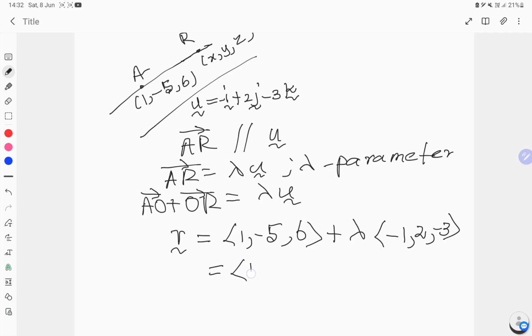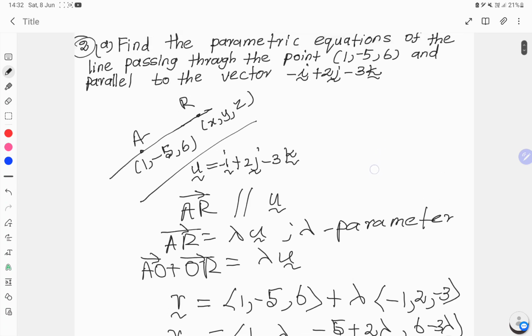Therefore we can write 1 minus lambda, minus 5 plus 2 lambda, 6 minus 3 lambda. Here I write R vector components.